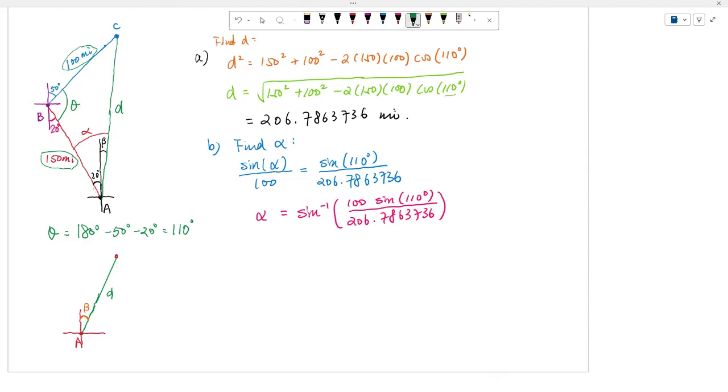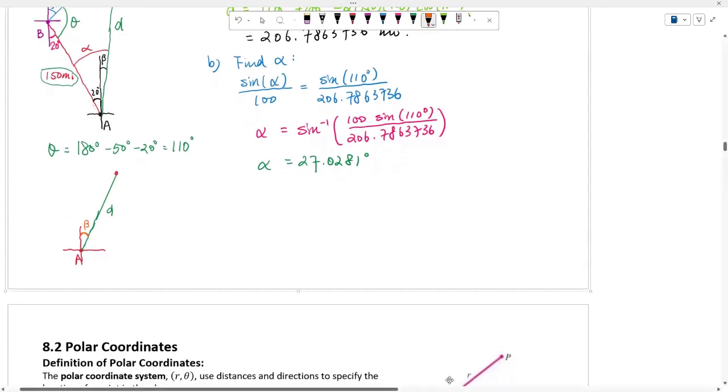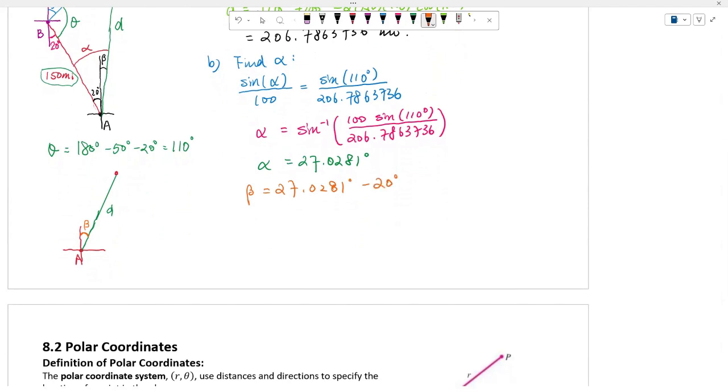Now your calculator will tell you that alpha is equal to 27.0281 degrees. Then I would like to find the angle beta, which is 27.0281 minus 20 degrees, which is 7.0281 degrees.